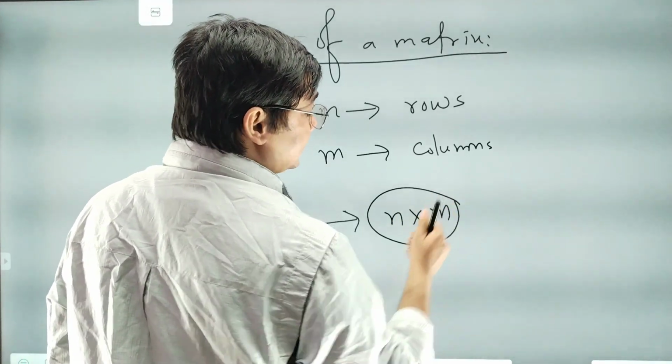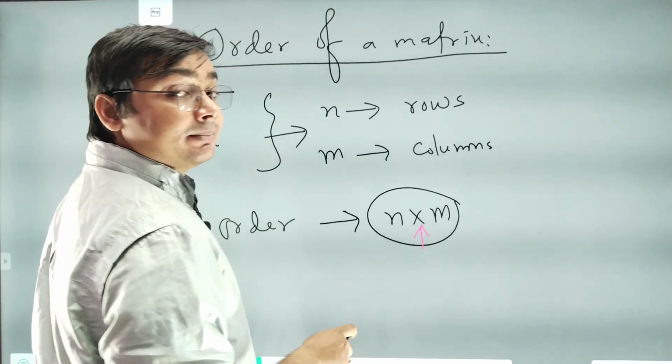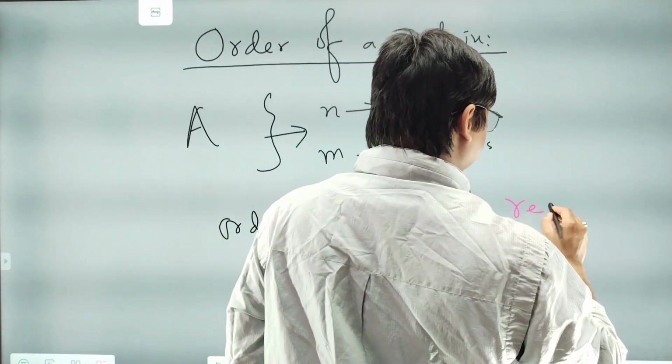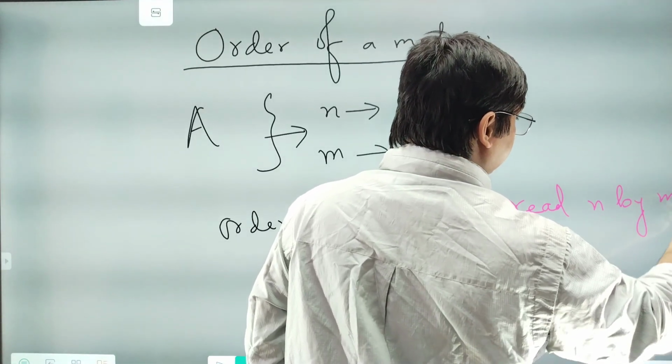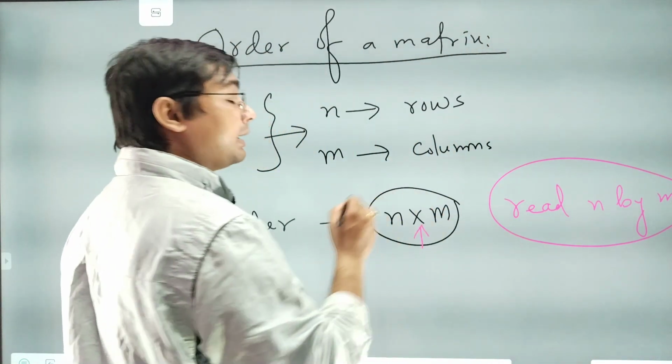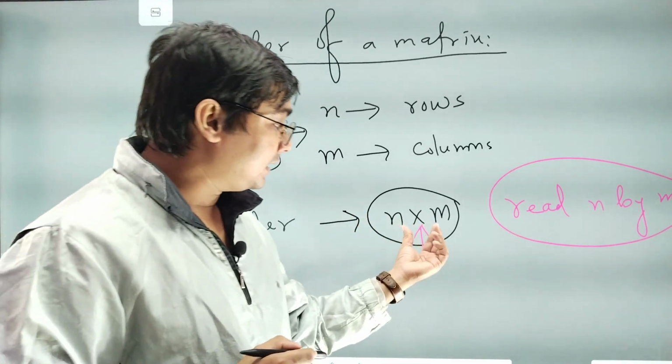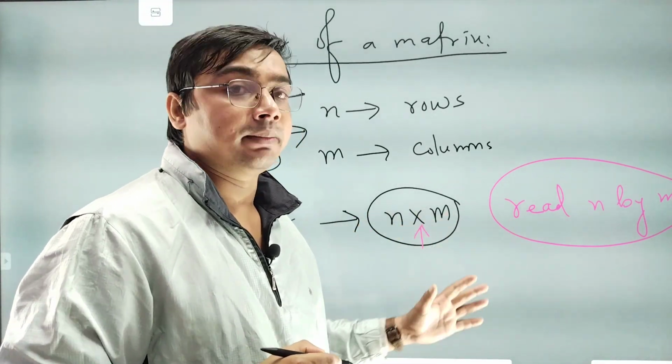This will be the order. Yes, you see, this is not the general multiplication. You read it this way, n by m. This is not n multiplied by m. We read it like this way, n by m.